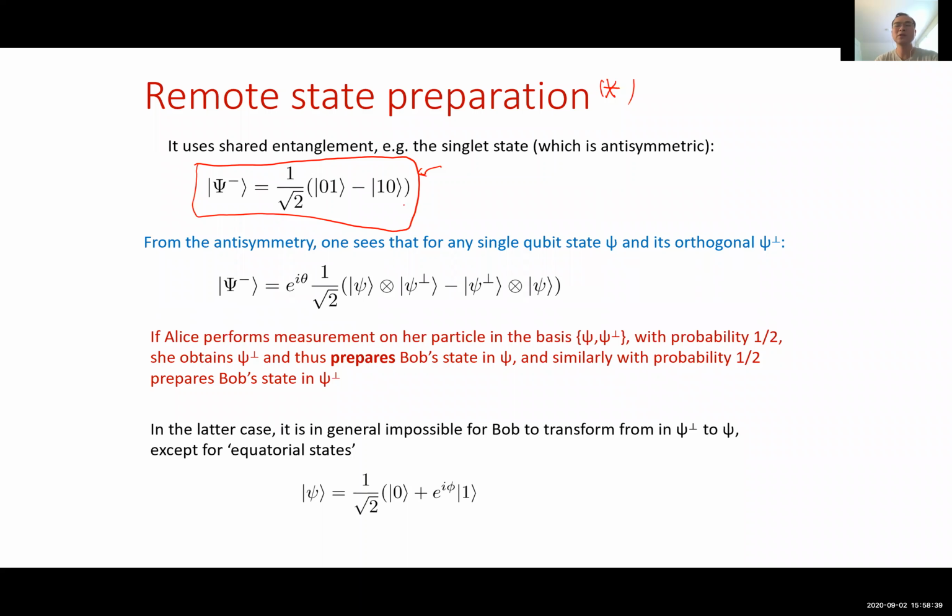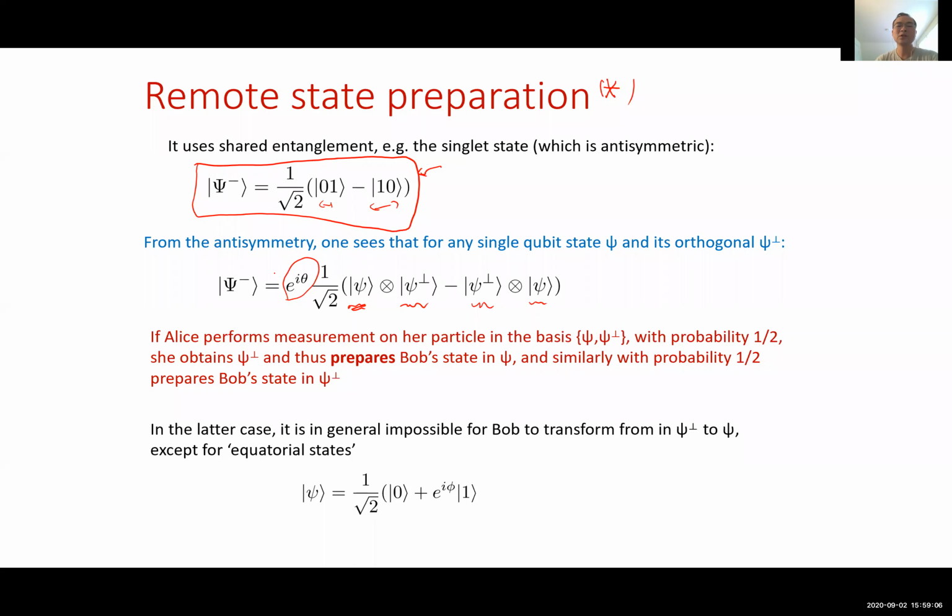You're going to see that in your second homework. In fact, because it's anti-symmetric, if you swap these, you get a minus sign. For such an anti-symmetric state, you can decompose it in terms of any one qubit state, its orthogonal state, minus its orthogonal state and the state itself, up to some phase factor.